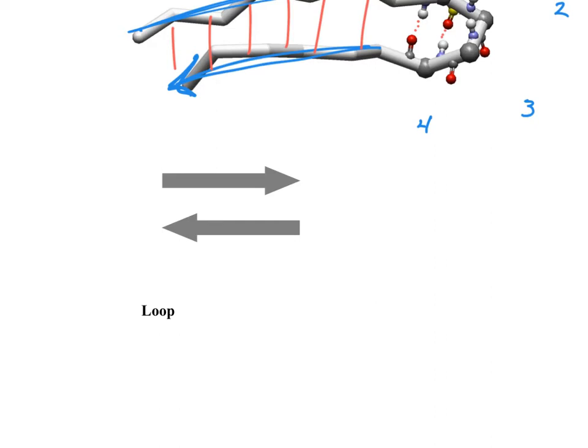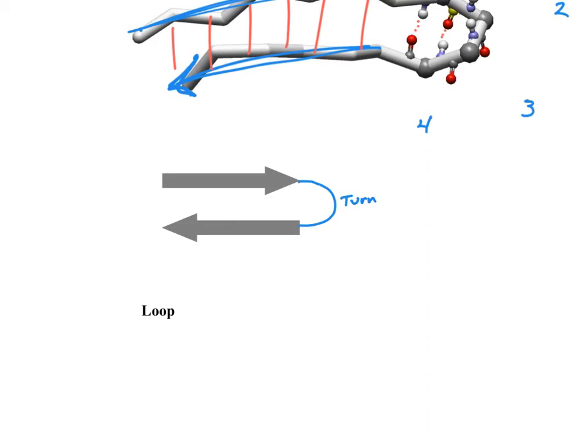Let's say we have a schematic here of a beta sheet with two anti-parallel strands. Perhaps we would call this a turn, and that would be a very fine thing to do.